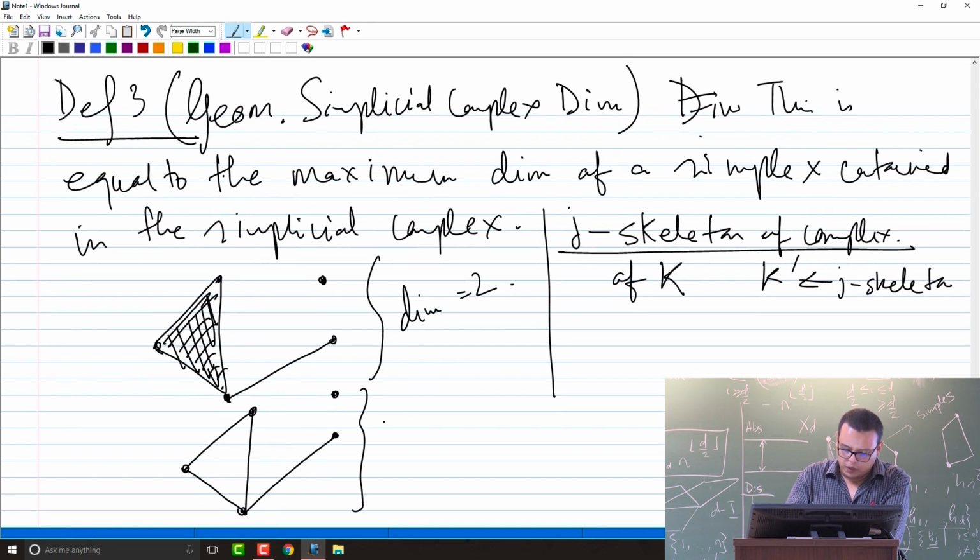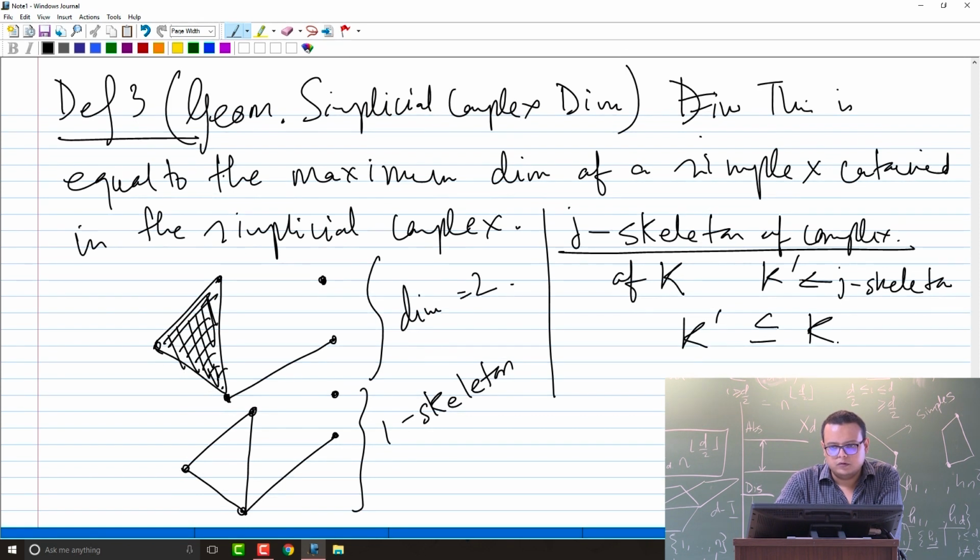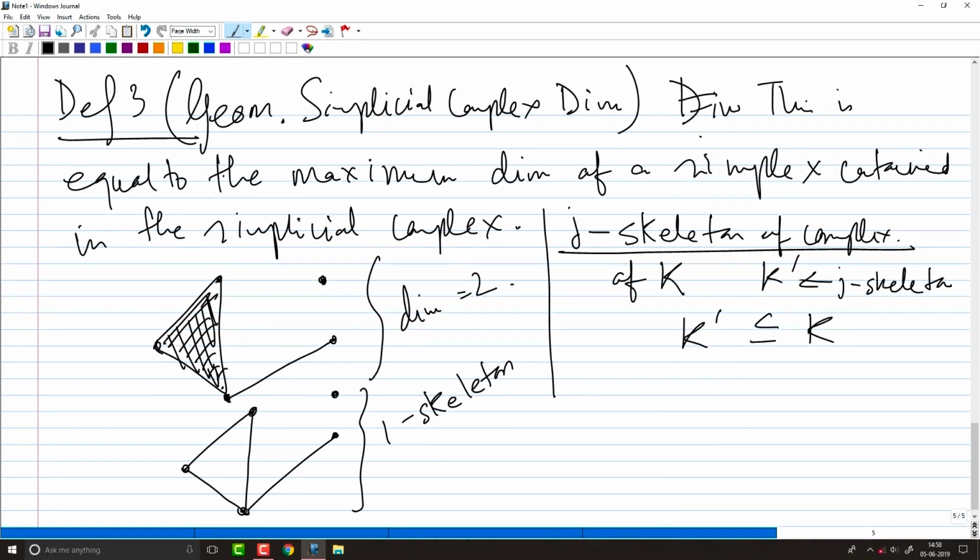This is the one skeleton. The triangle won't be included. So in terms of subsets, K prime is supposed to be a subset of K. Remember, I have to include all of them properly.